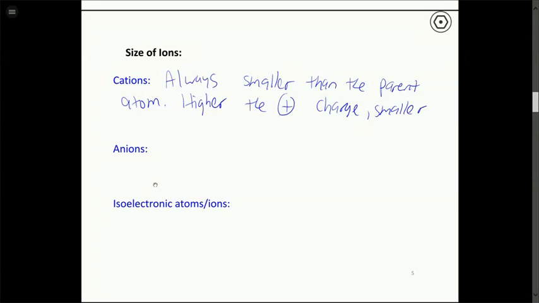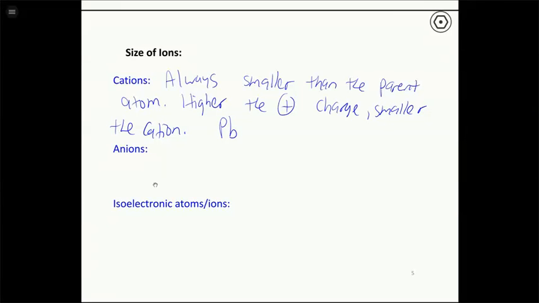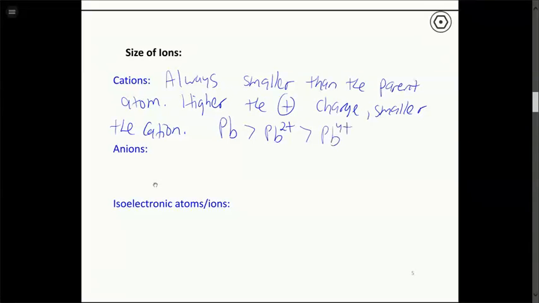So the more electrons you remove, the smaller the cation is going to be. That sounds pretty reasonable. So one example of this, which we'll touch on a little bit later on, is lead, Pb. Lead can form both 2+ and 4+ cations. This is one of those examples where it can form more than one cation that's stable. And so lead is going to be bigger than lead 2+. As you remove the first 2 electrons, that's going to be smaller than the neutral atom. And if you remove another 2 electrons to make lead 4+, it's going to be even smaller.